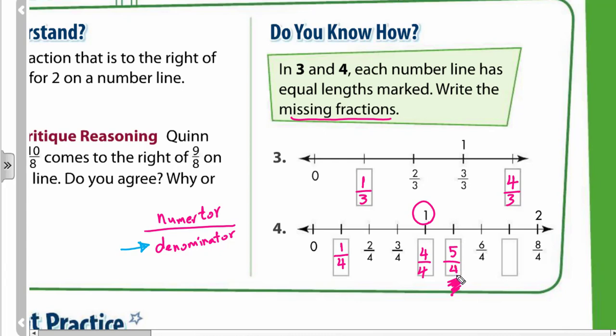No, that's not how we read it. Read it well. 5/4. Okay, and after 5/4 we have 6/4. So what is the next fraction?